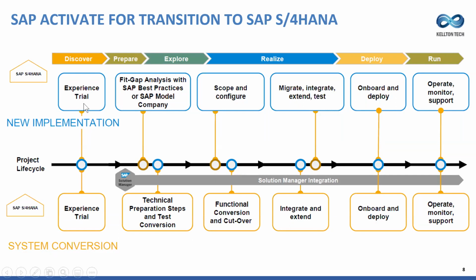And not only in the greenfield, even in the brownfield scenario too, it's very important because we need to understand the state of the system, and there are certain reports that are generated to understand whether this system has all the qualities, be it Unicode, be it custom code, be it business add-ons. So all those things will be identified.